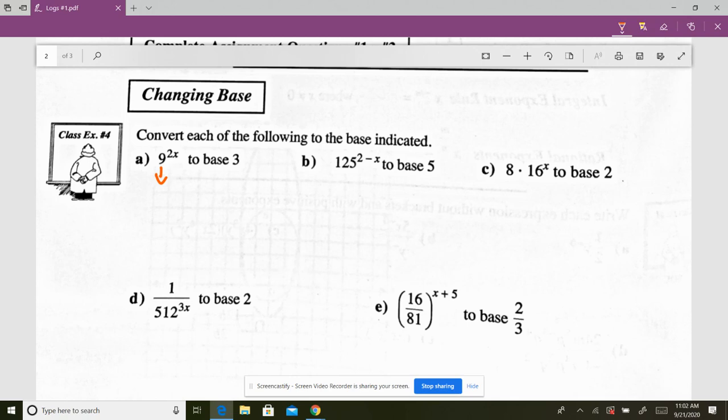Squared. So 3 to the power of 2. So I can rewrite the 9 as 3 to the power of 2. And you have to remember the 2x is there. Everybody okay with that? What do I do with these exponents, the 2 and the 2x? You multiply them. So this becomes 3 to the 4x. So 9 to the power of 2x is the same as 3 to the power of 4x.